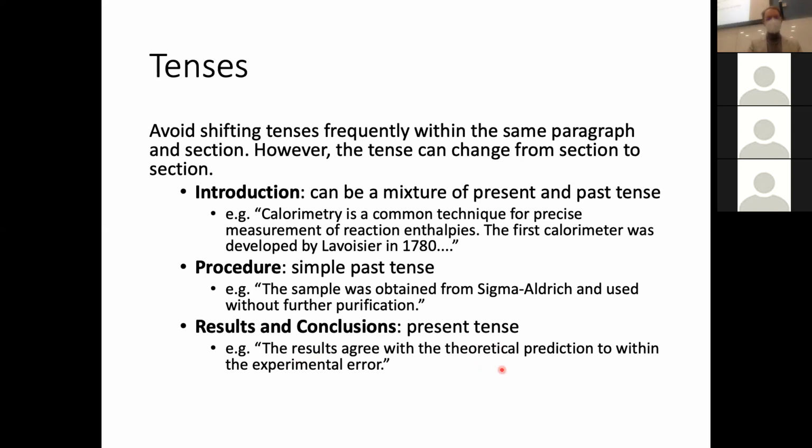So the results agree with the theoretical prediction to within the experimental error. You want to use present tense here because this sentence was true yesterday, it's true today, and it's presumably still going to be accepted as true in the future. Okay, any questions about either lab reports or anything else in the course?